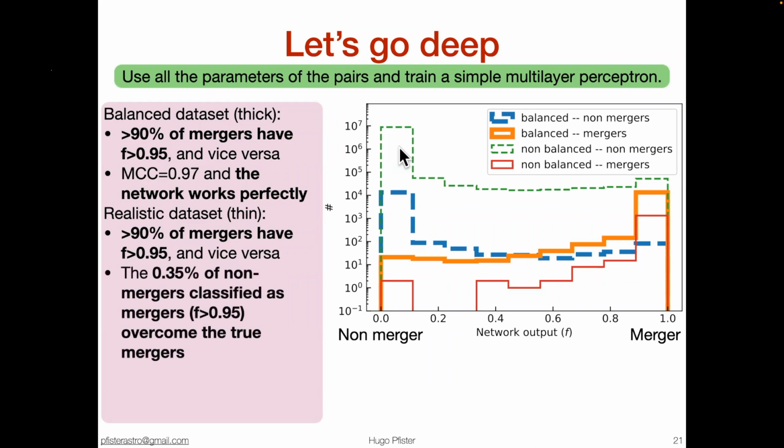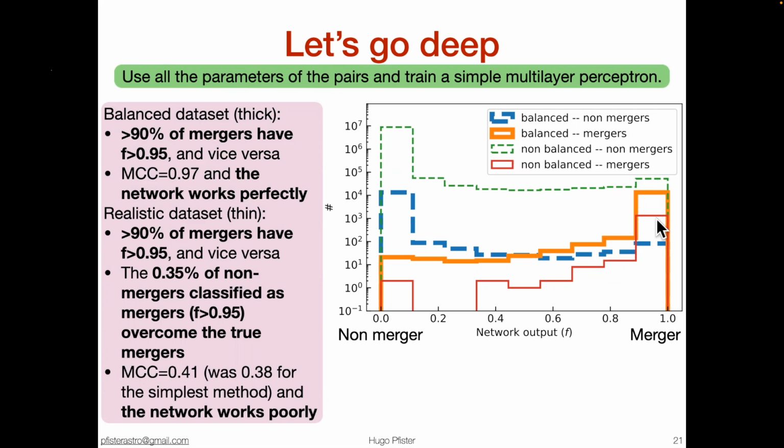But the issue is that because the problem is extremely degenerate, you have a very small fraction, actually 0.35%, of the non-mergers which have a very high probability of merging. And this 0.35% overwhelms the mergers. And in the end, the MCC is only 0.41. So it's not much better than the simple technique.